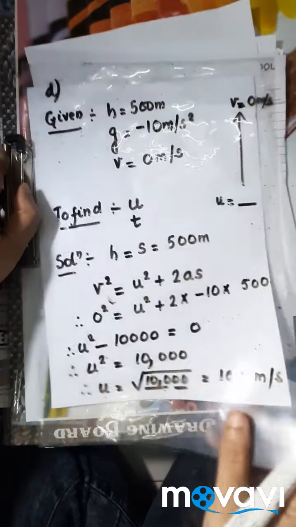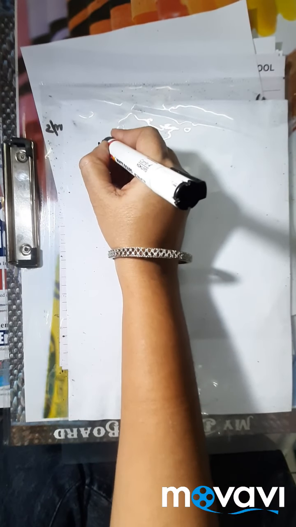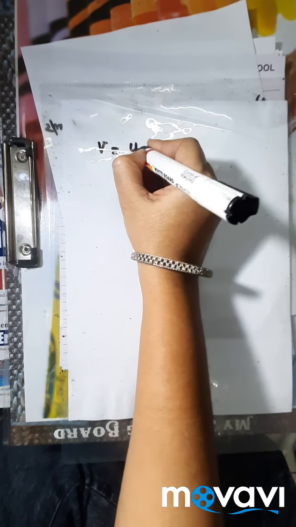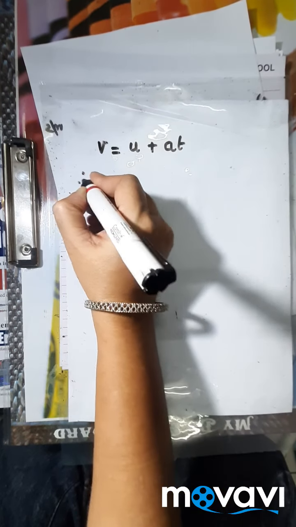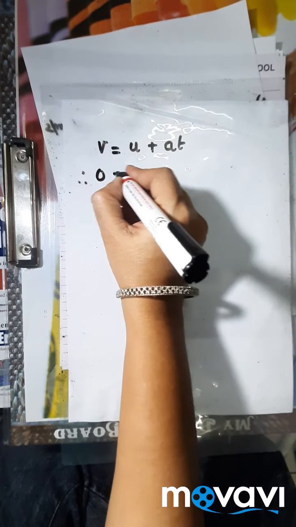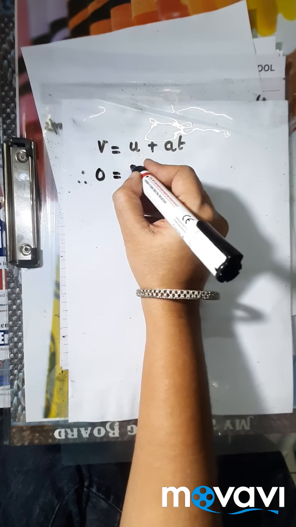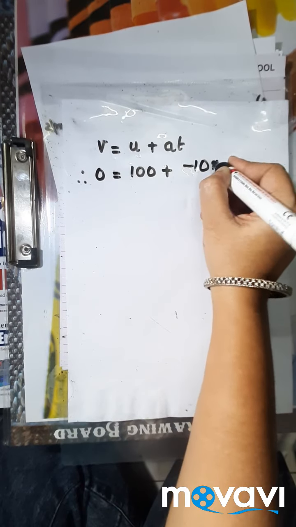Now I have to calculate t. To calculate t, it is very easy. We can use any of the formulas. Can we use v is equal to u plus at? Therefore my v is 0, is equal to u is 100 plus g is minus 10 multiplied by t.